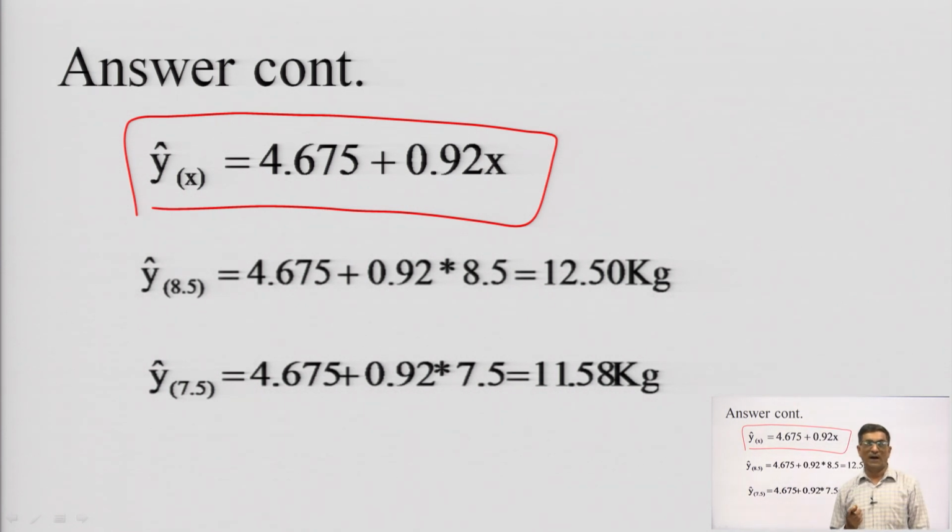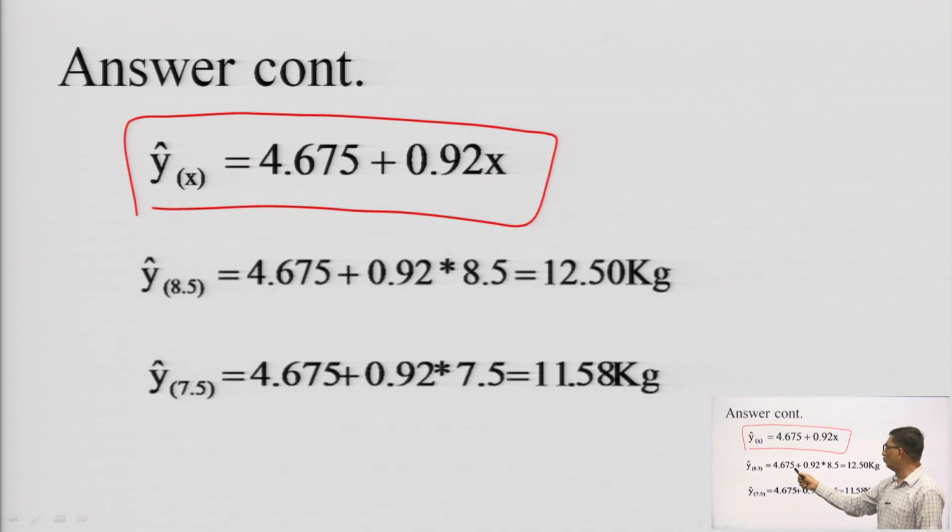So, to find the value of weight when age is 8.5, we use the regression equation of weight on age. In simple words, you can say this is a regression equation of y on x. Now we want to predict the value of weight when x is 8.5 years.